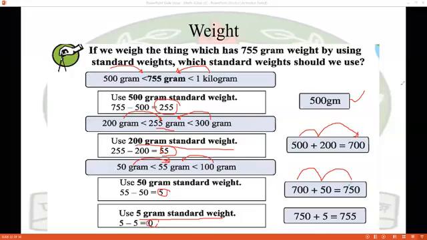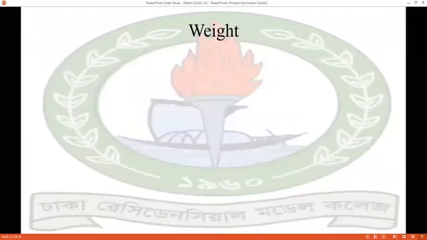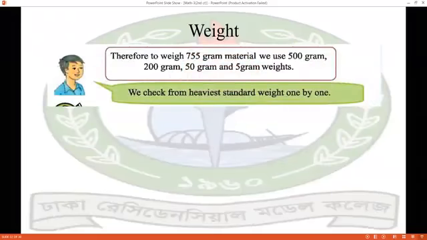So the total standards used are one 500, one 200, one 50 gram, one 5 gram, that equals 755 gram. In this way we can choose the standard weights to weigh something. Therefore, to weigh 755 gram of material, use 500 grams, 200 grams, 50 grams, and 5 gram weights.